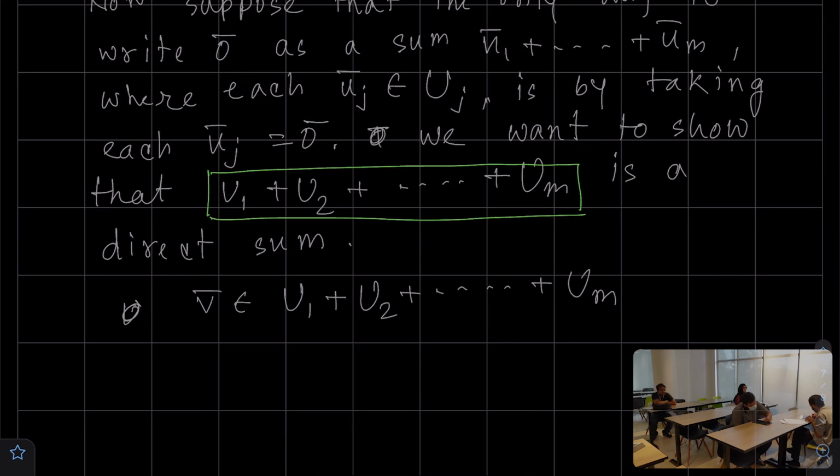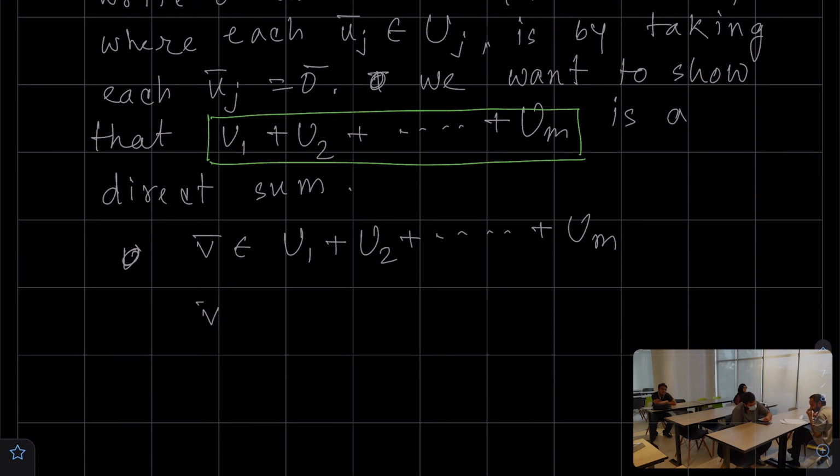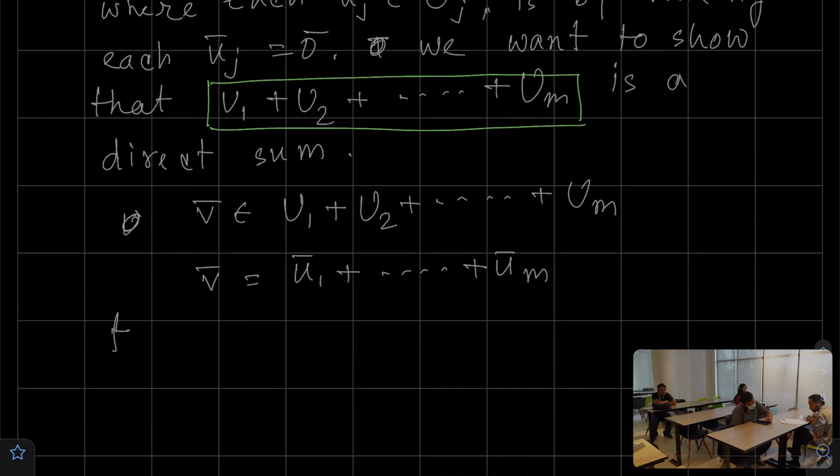Now v can be written as u1 plus um, all these are vectors, for some u1 belongs to U1, um belongs to Um.